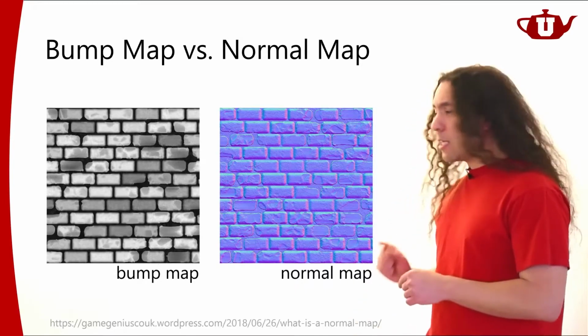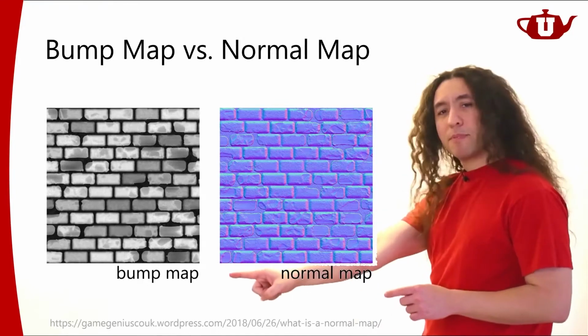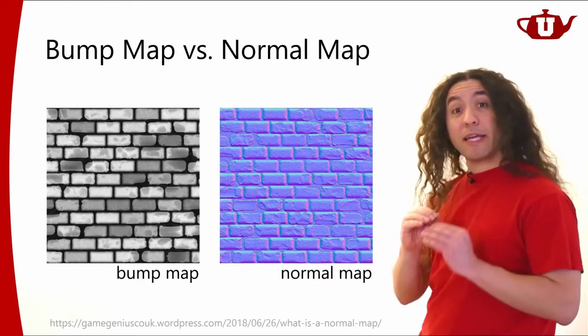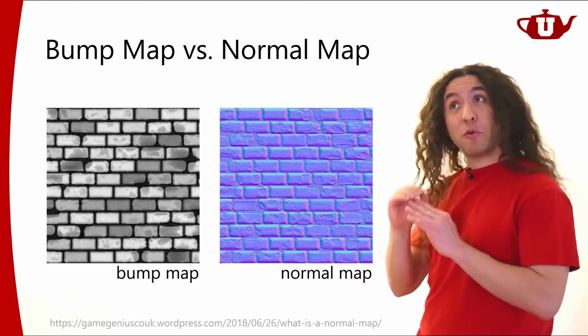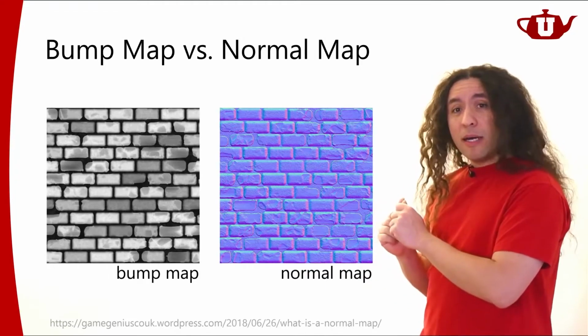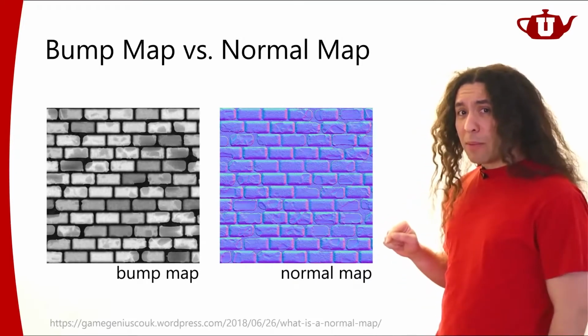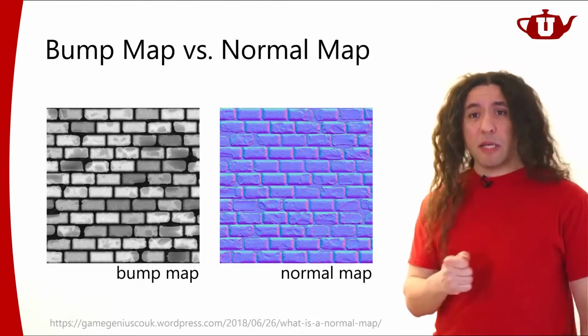But the nice thing is that with bump maps, you are representing the height map, and then you convert that height map to normals at runtime. And that's going to be a little bit clumsy. With normal maps, you're directly recording the normals.